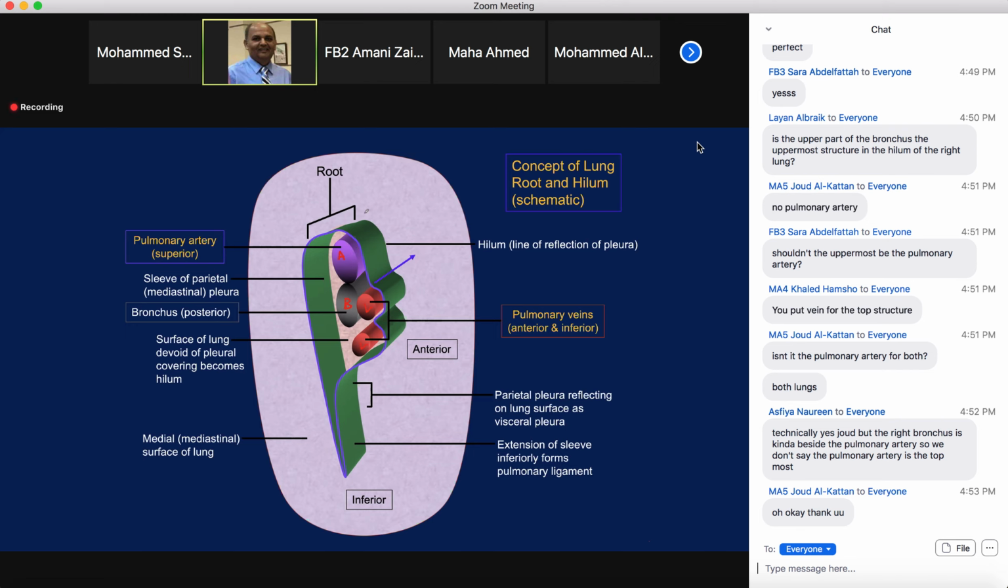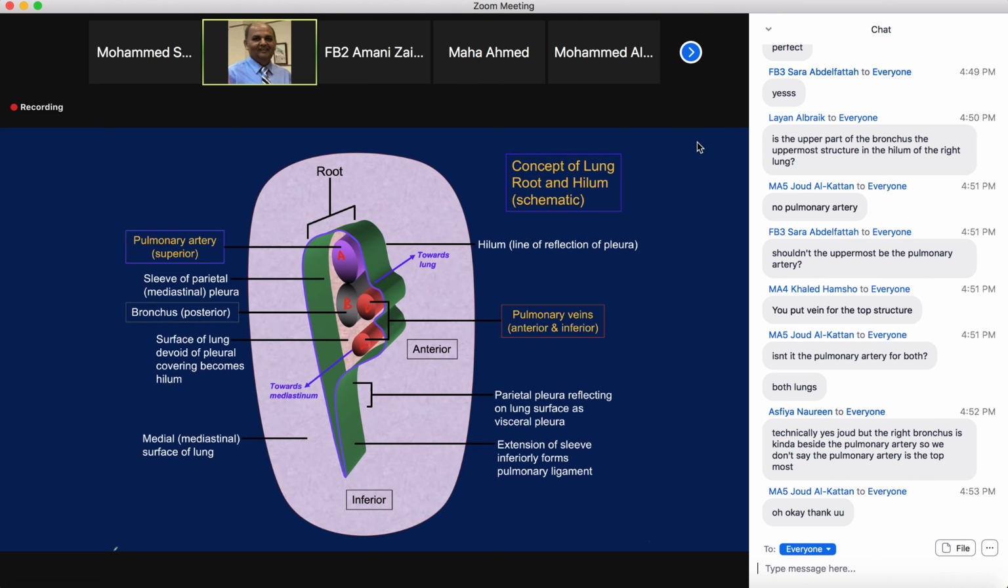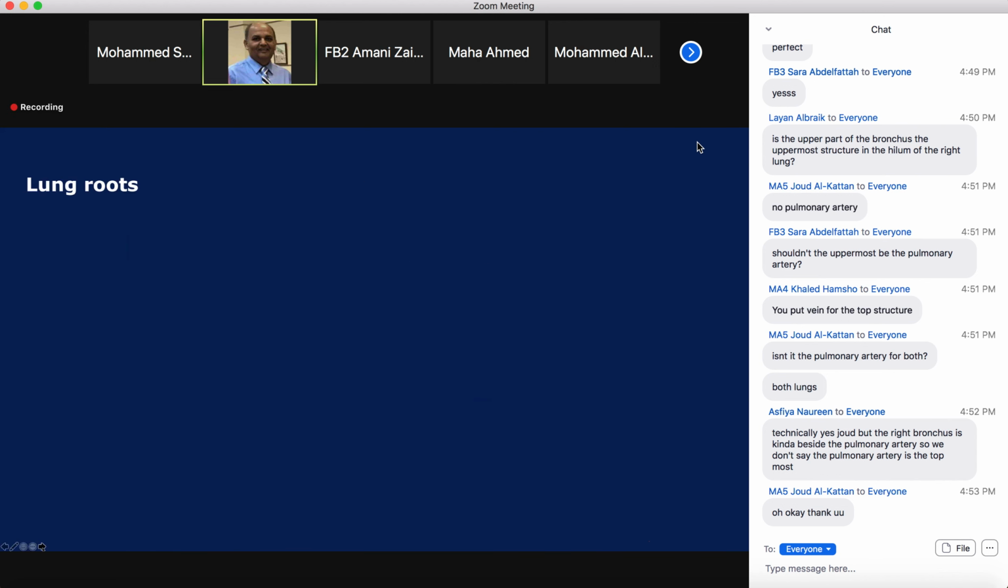This is the root which is entering the hilum of the lung, towards the lung, and this is towards the mediastinum. Are we clear so far? So guys, we need to read these lines I have brought for you. The left and right lung roots are similar but not identical. So they are the same, but they look a little bit different.